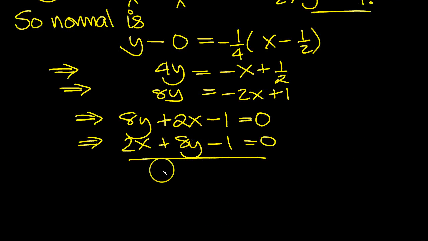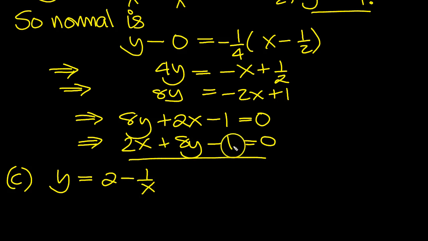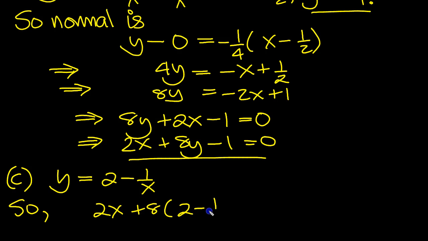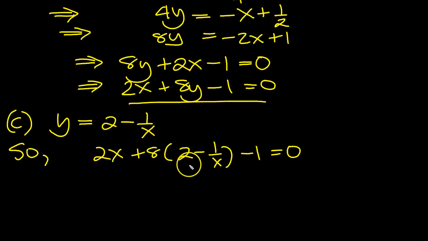So this normal cuts C at B. So the equation of the curve is y equals 2 minus 1 over x, and we've got this equation here. So let's put the y value in. So we get 2x plus 8 times 2 minus the 1 over x, isn't it, minus 1 equals 0. So let's multiply through by x. 2x squared.